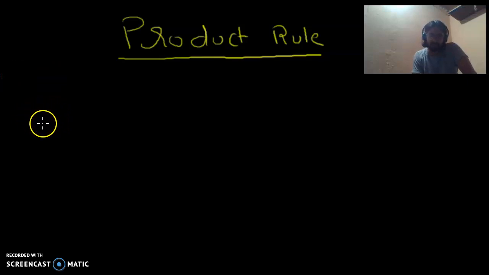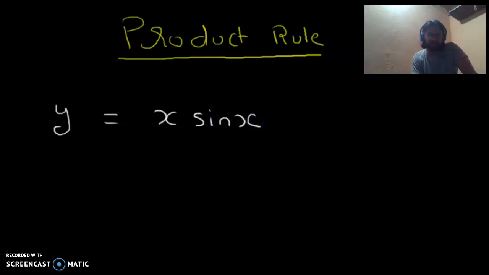Say for example, if there is a function like x sin x. Now this is not a case of the chain rule. In the chain rule there is one function, and inside that function there is another function. But in this case, there are two separate functions, x and sin x.